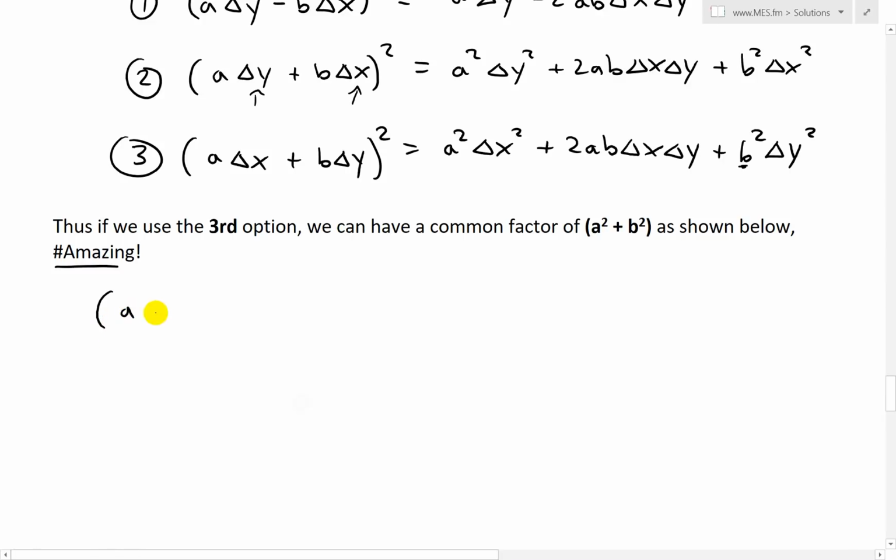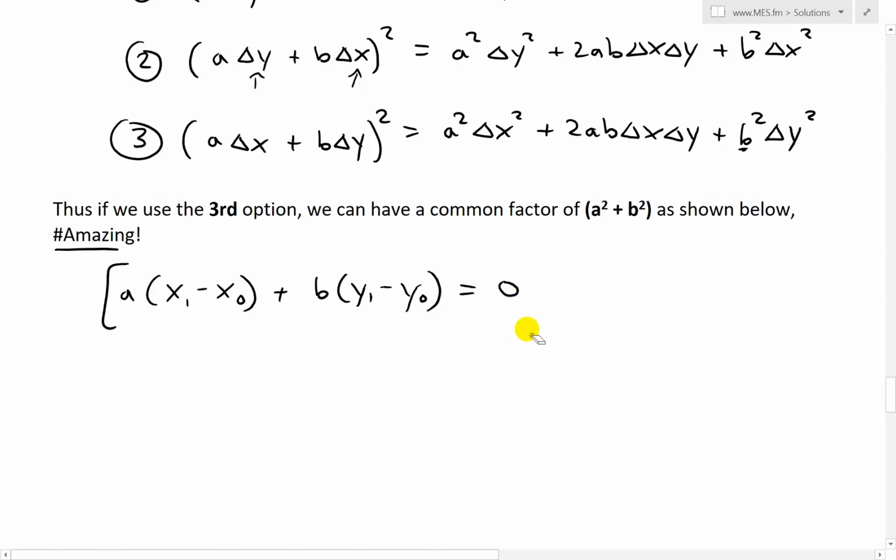If we had a times x1 minus x0, and then plus, I'll just remove this for now, plus b times y1 minus y0, and then square. Let's say this one is equal to 0. Actually, never mind, we don't need the 0 part, we just square this. So if we square this, what we end up having is exactly as I stated above.